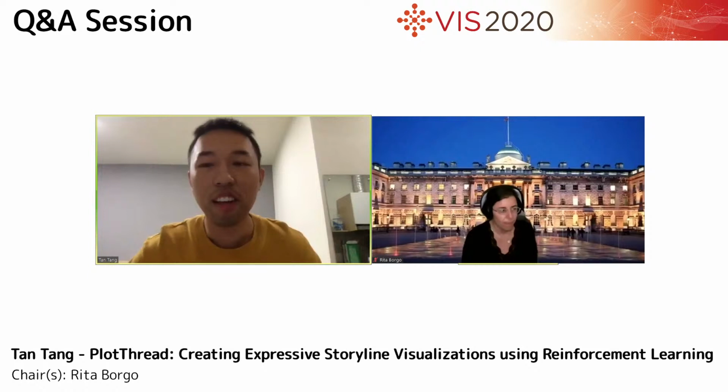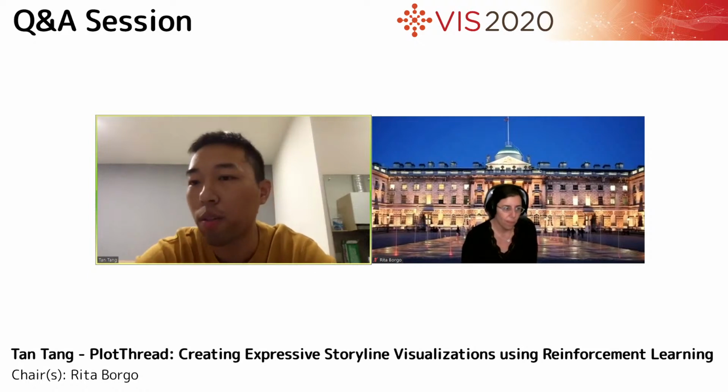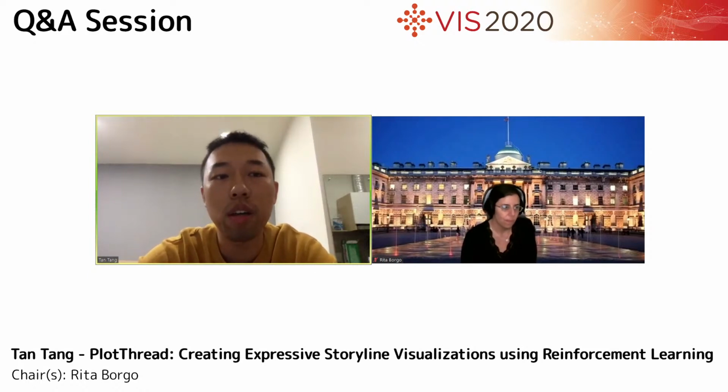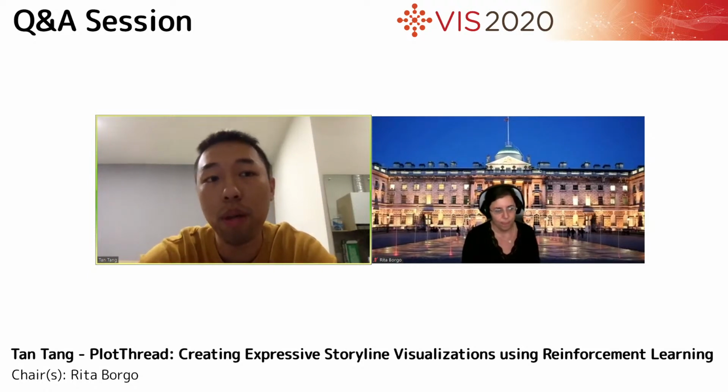Okay, thank you. I guess the question is, will the user interact with the agent? In our authoring tool, it is not a collaborative tool for different people; they actually work with the AI agent.